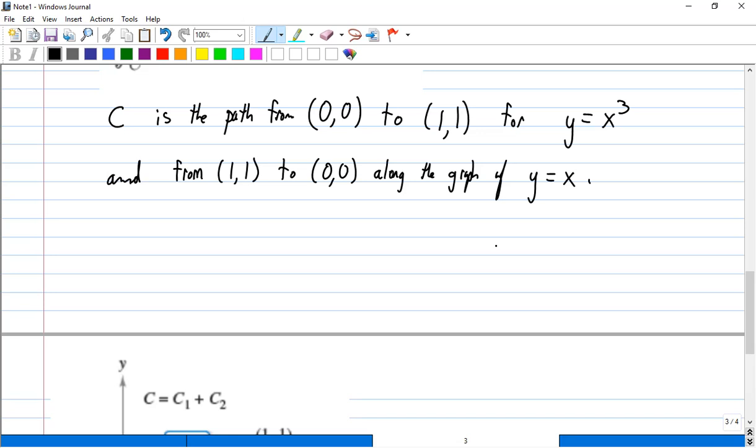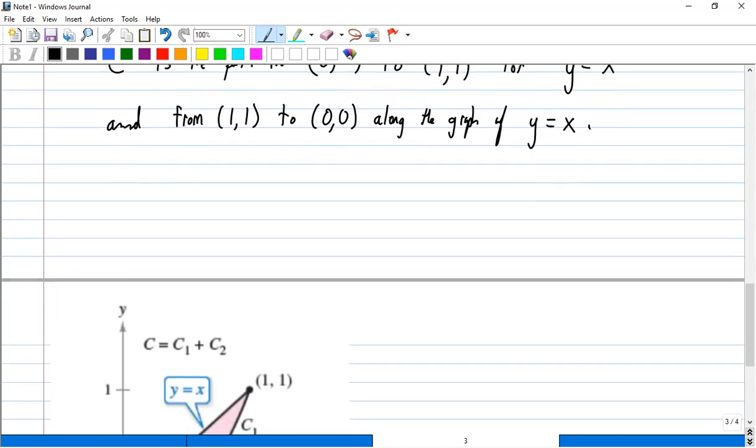But C is the path from 0, 0 to 1, 1 for y equals x cubed, and 1, 1 to 0, 0 for y equals x.